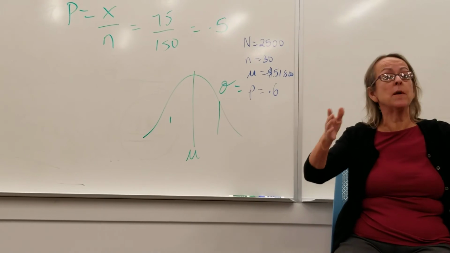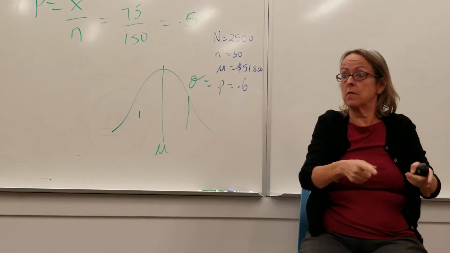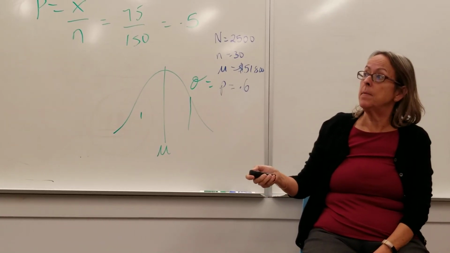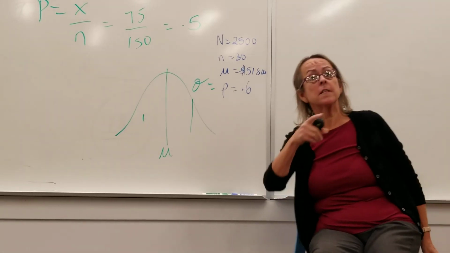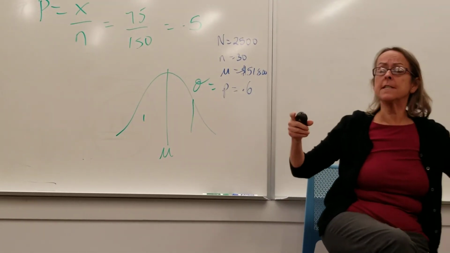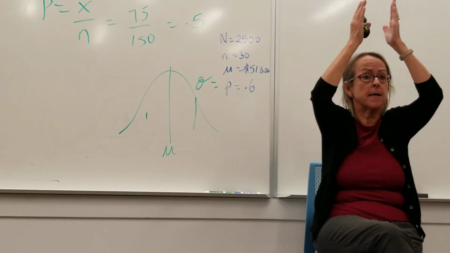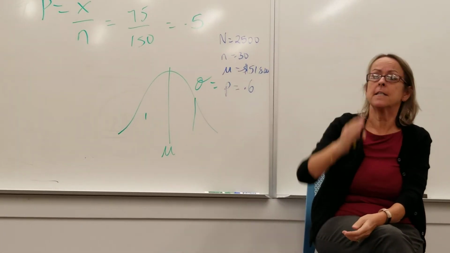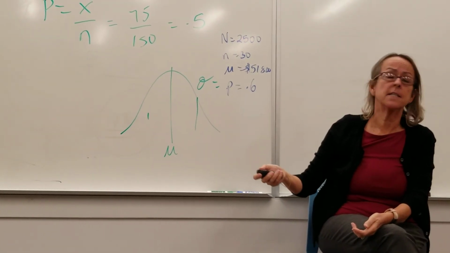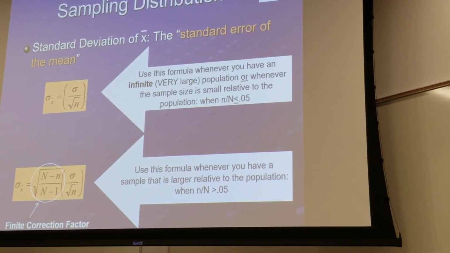If n was 2, it would look like this, and n was 3, now it's taller and thinner, n is 4, now it's taller and thinner, because the bigger n becomes, the smaller the standard deviation becomes, the smaller the standard error, or standard deviation of X bar becomes, the narrower the bell and the taller it becomes. Because every bell is how wide? 6 standard deviations, right? So 6 of these wide. So the smaller you make this, the narrower and taller the distribution becomes.